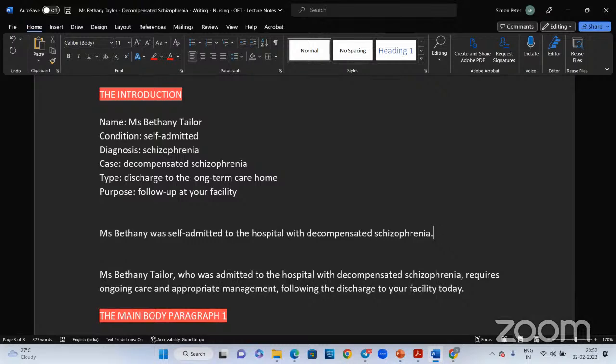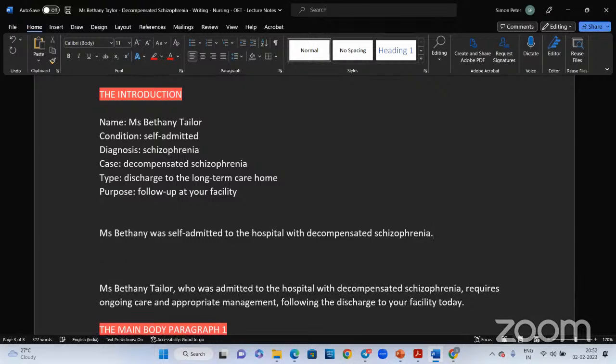Okay. The next one is what is the reason why she is getting discharged here? Miss, okay, sorry, Miss Taylor, not Bethany. Miss Taylor, or you can say she.